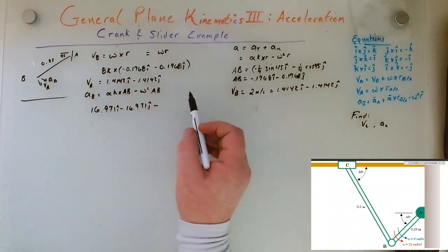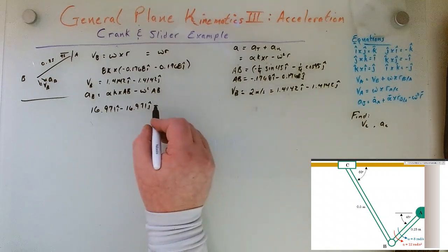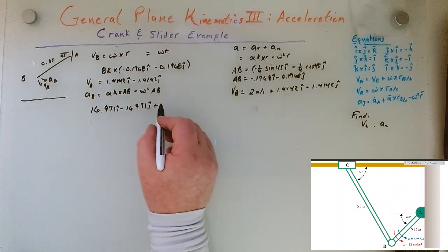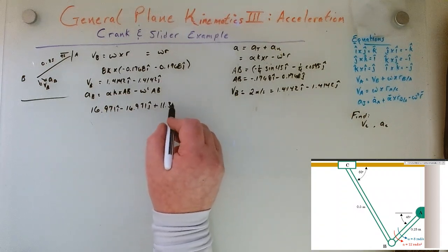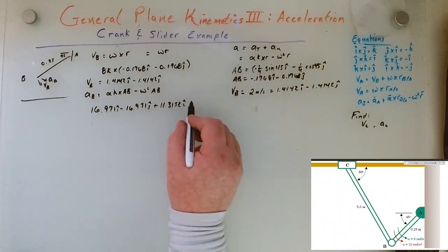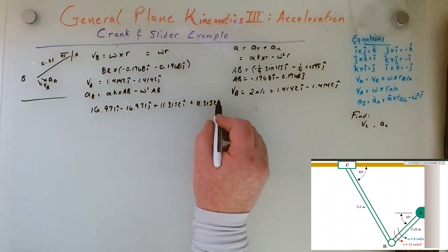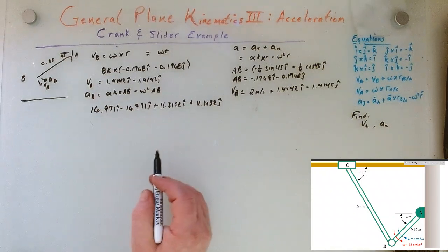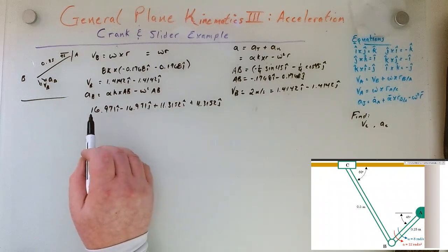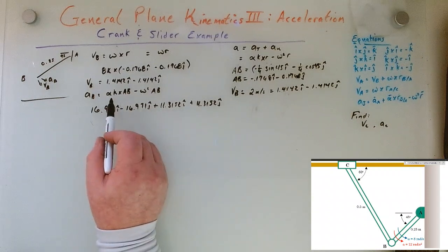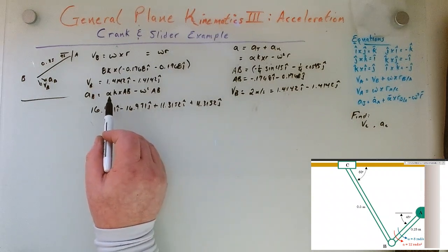So minus times a minus is a plus, and actually they're both going to be plus: 11.3152 i plus 11.3152 j. So in the i direction we have 16 plus this. Is that right? These numbers seem high. Let's recalculate this.